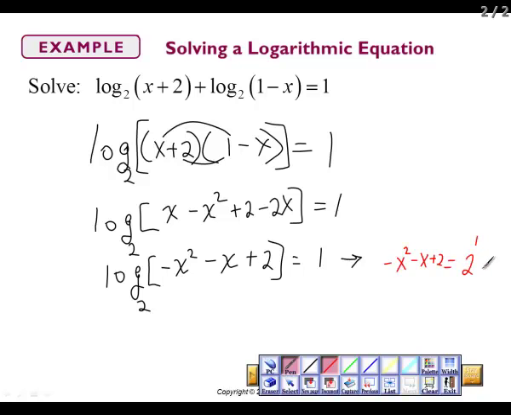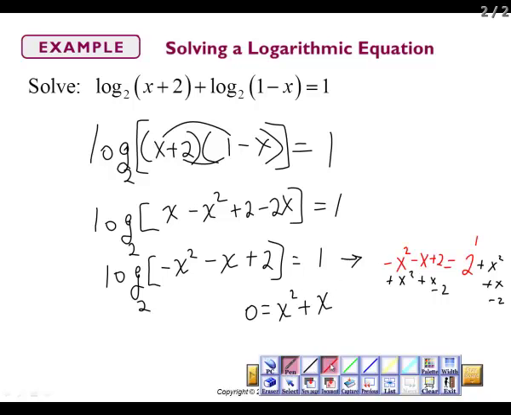And so we'll go ahead and move everything over to the other side. So that'd be plus x squared and plus 1x and minus 2. And so the 2's are going to go to 0. And so we get x squared plus 1x.